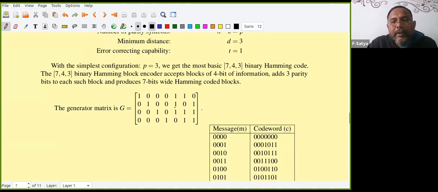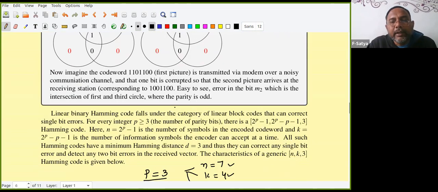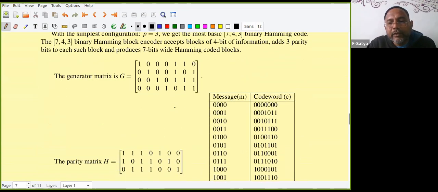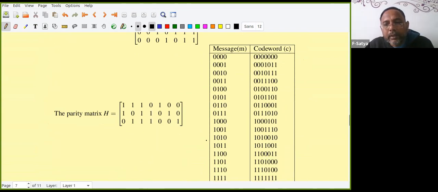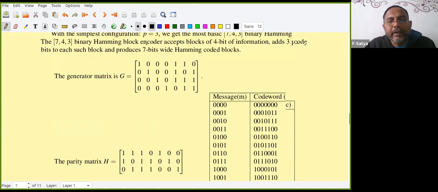Now this particular diagram is what we did here. You can check where that 1101 goes. So 1101, where is it? Yeah, 1101 will map to here by multiplying with it, right? So the generator matrix is this.